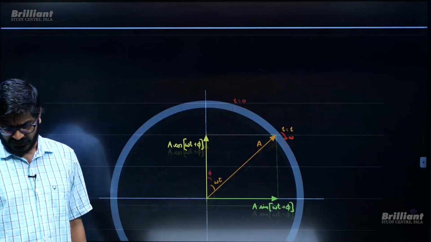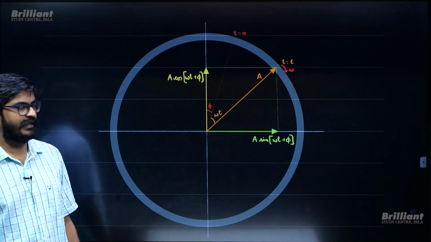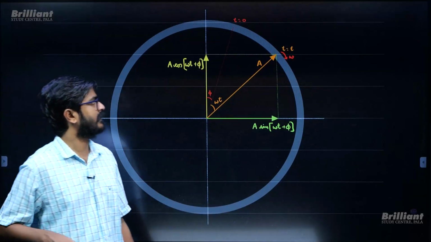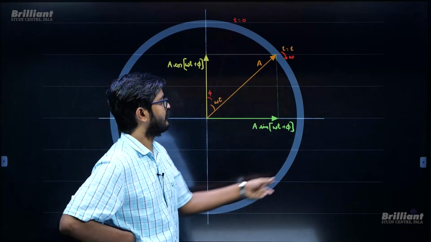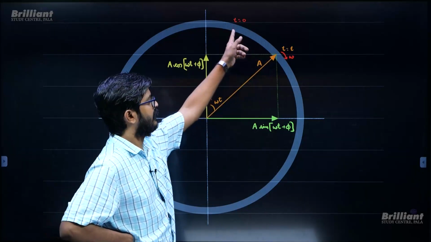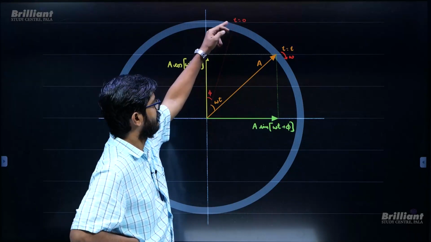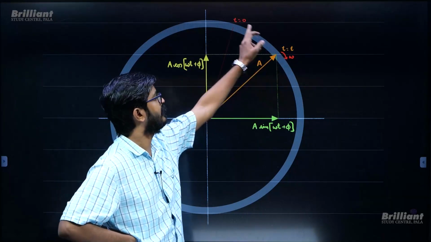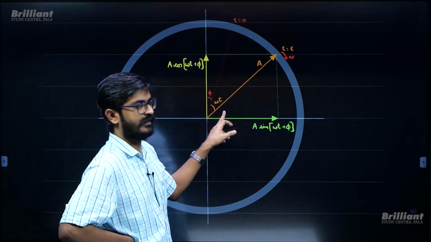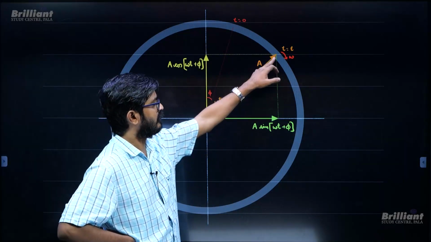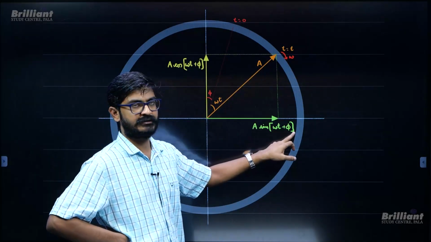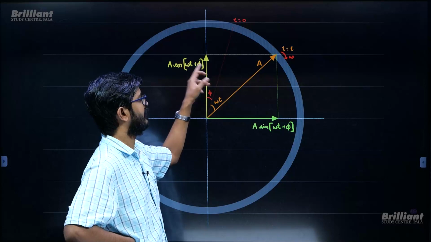Now, apart from that, you can visualize a sin(omega t plus phi) like some guy who is performing uniform circular motion, and his projection along the x-axis or y-axis. If some guy is starting from here with constant angular velocity omega, after some time he will have rotated an angle omega t, then his horizontal component is going to become a sin(omega t plus phi), and his vertical component is going to become a cos(omega t plus phi).